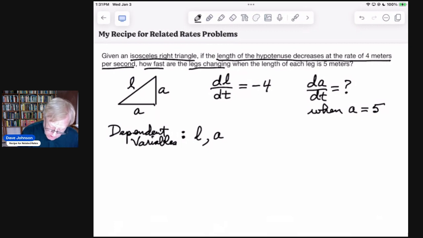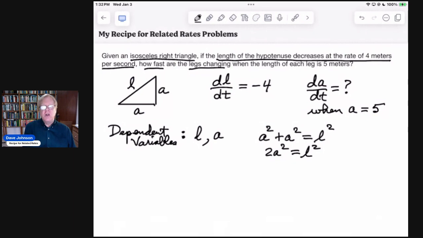So what is the relationship between the dependent variables? Well, in some cases, you might have angles and you might be able to do trigonometry, but in this case, we have a right triangle, so we can just use the Pythagorean theorem. So we know that a squared plus a squared is equal to L squared, and so 2a squared is equal to L squared. So that is the relationship between the dependent variables.